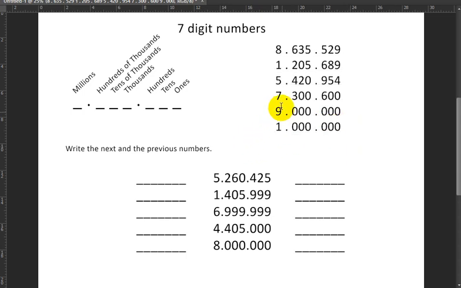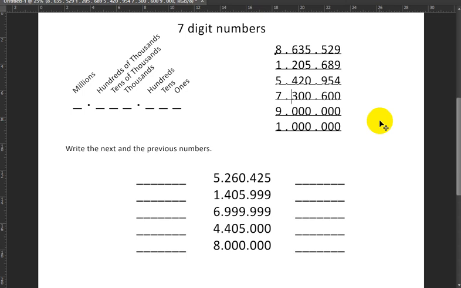Now let's say someone asked you for this number here, how many hundreds of thousands does it have? Well, let's go to the digit that is the ones, sorry, the hundreds of thousands. We start off with ones, tens, hundreds, thousands, tens of thousands, hundreds of thousands.